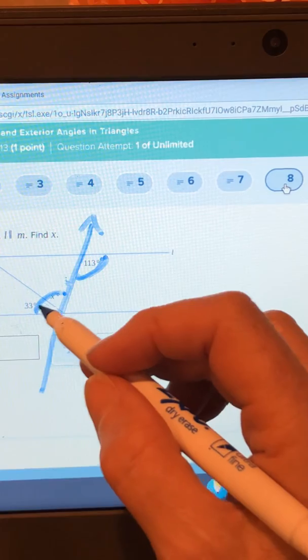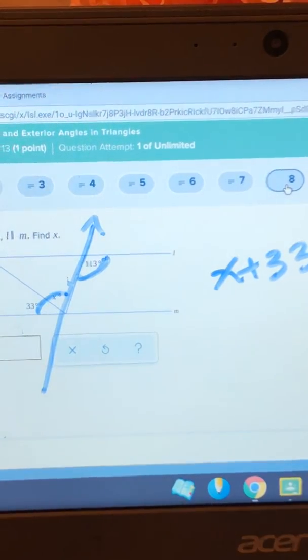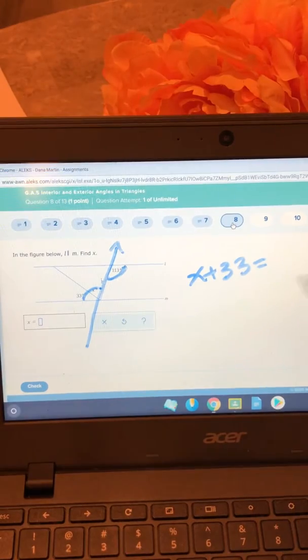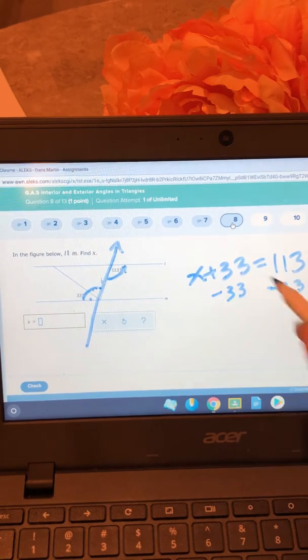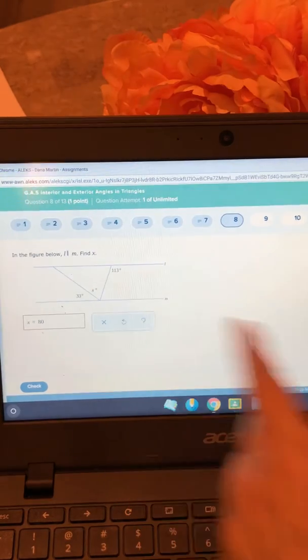So x plus 33 is going to be equal to 113, because this angle and this angle are congruent. So I'll just subtract 33 from this to figure out what this missing angle is. It's 80. 80 plus 33 is 113, so I'll put in 80. And that's what the x is in that little angle there.